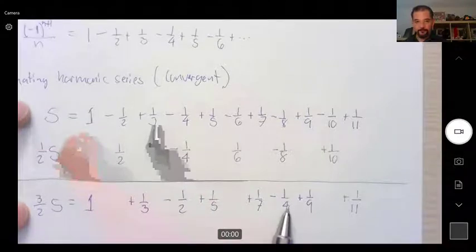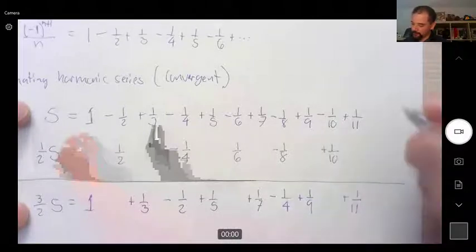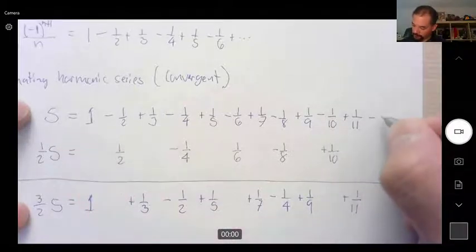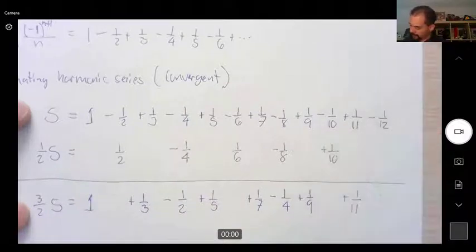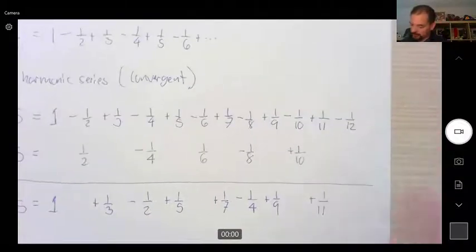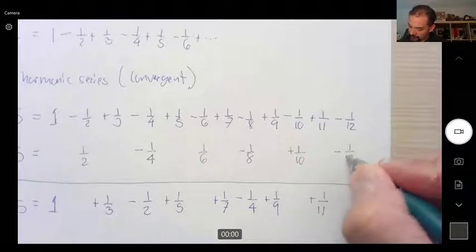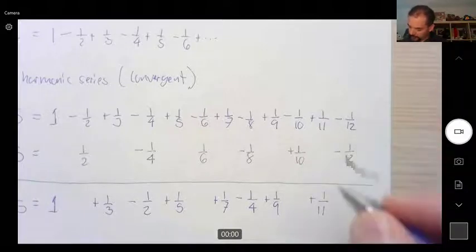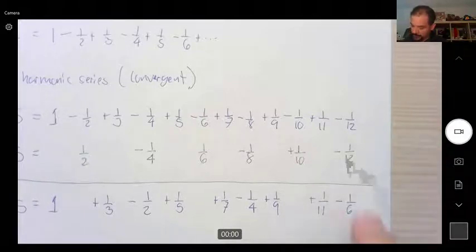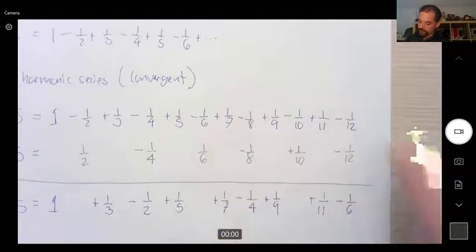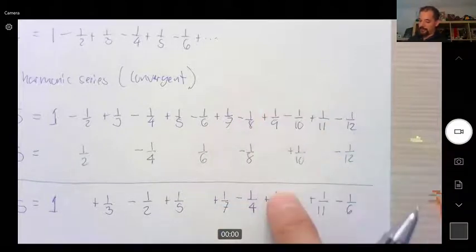You see it? 1/5 is there. 1/6, we don't see it yet, but it will appear when we go all the way over here to negative 1/12. This is going to have over here also negative 1/12, and when we add these two, it's going to be negative 1/6. So negative 1/6 is there too. It only happens later, but it's there. And then 1/7, and then 1/8 will happen even later, and then 1/9, etc.